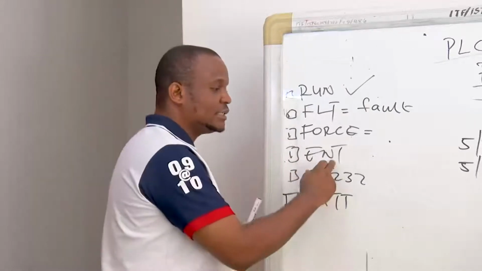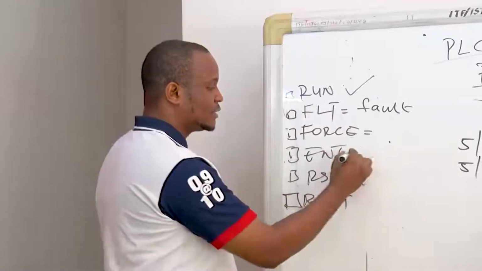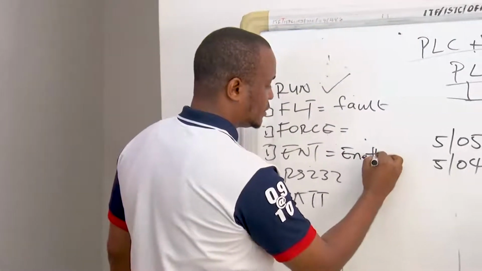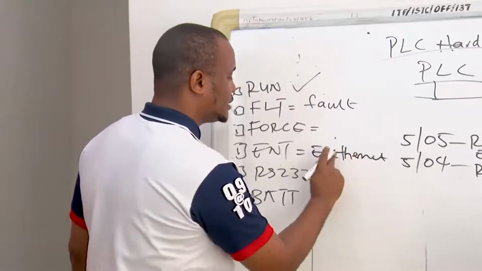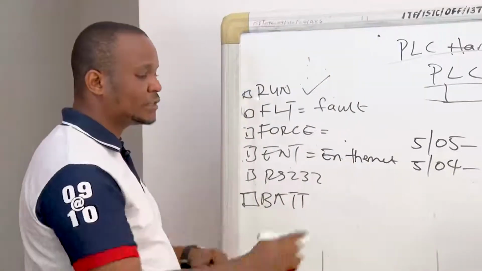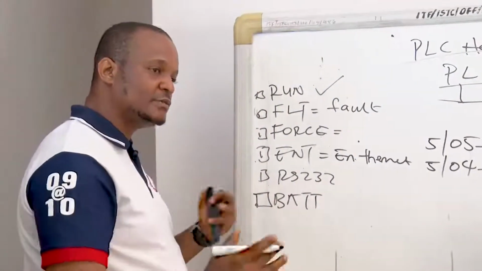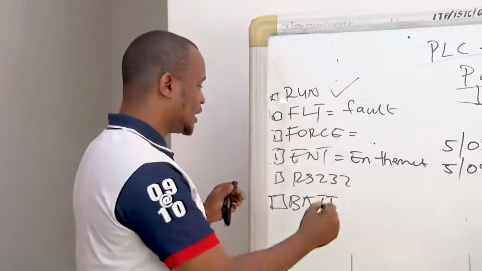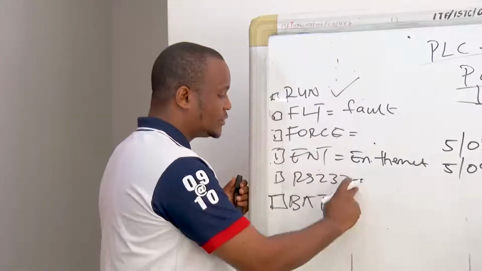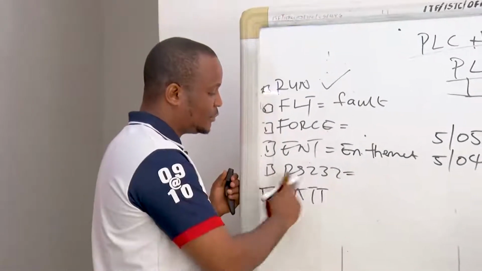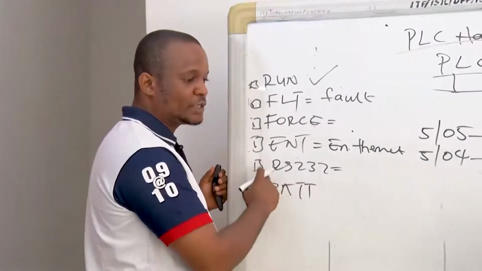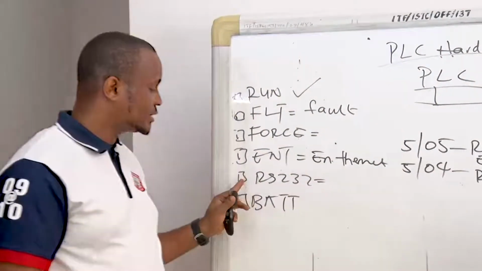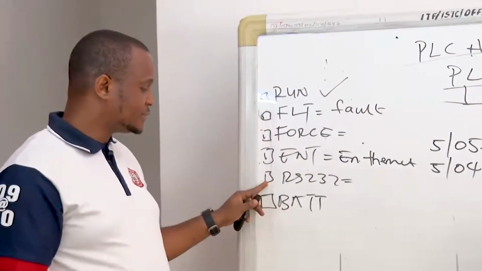So this ENT is the Ethernet. The Ethernet light also comes on when you have that connection, when it's receiving signal from the switch or from any other connection like I explained. Then this RS232 is the serial communication port. Whenever you have it communicating with the programmer, you can see this light on when it's receiving information.